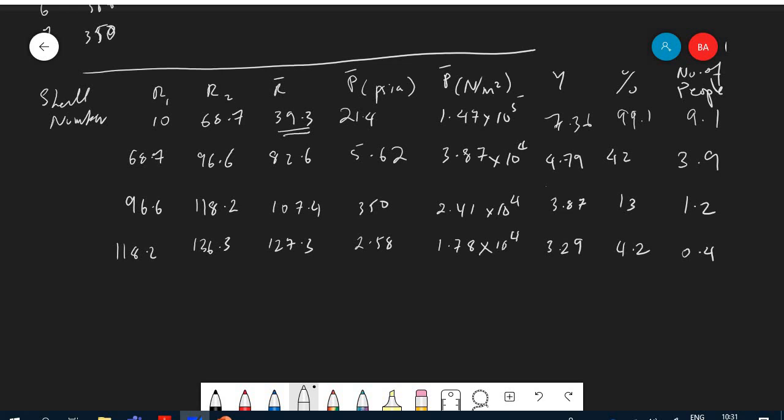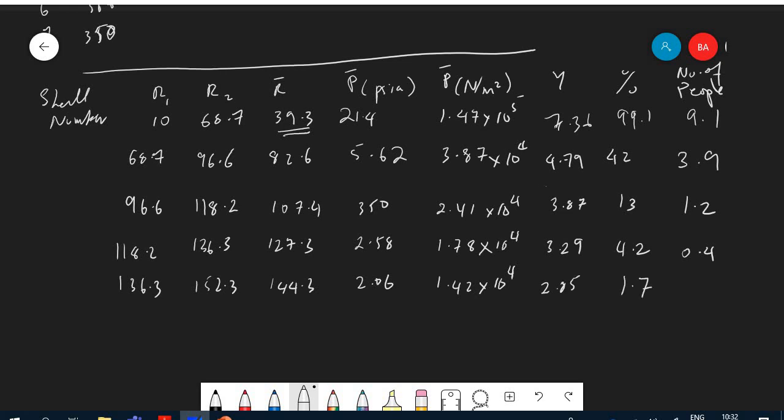And of course, if we multiply by the total number of people in that area, I'm going to get 0.4. Then I'm going to continue from the radius 136.3 till 152.3. I already can see that I'll not go further than that from these radiuses, because I'm already getting something very close to 0%. So there's no meaning for me to count more and more. So I'm going to be stopping here.